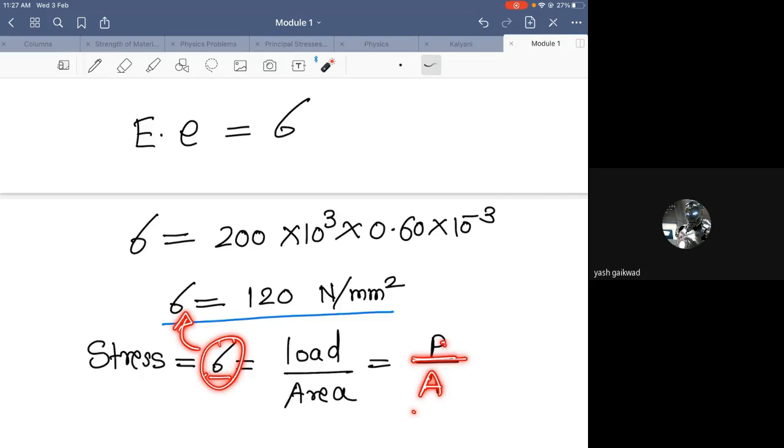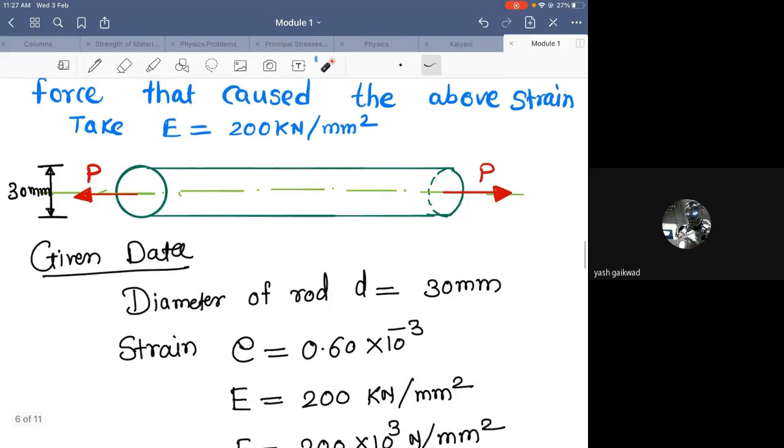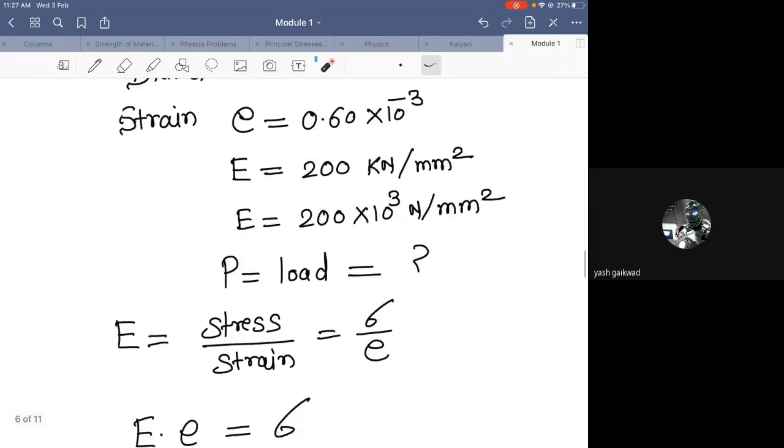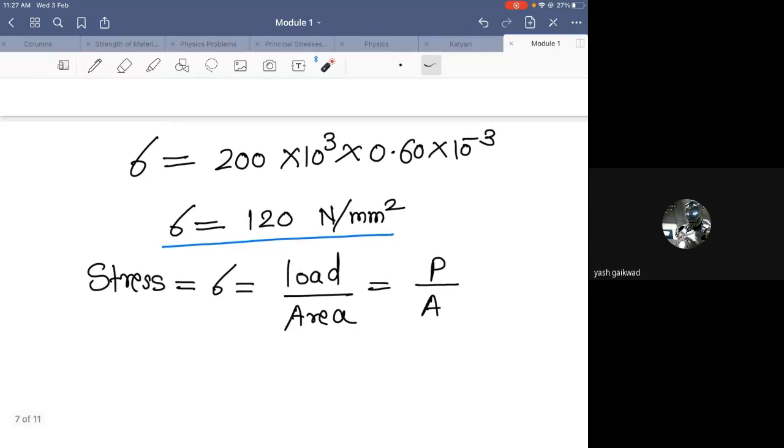Load, I don't know. Can I calculate area? Yes, because diameter is given as 30 mm. So by using the diameter, I can calculate the area where the force is applied. Therefore, first of all, calculate the area and then I will calculate P.